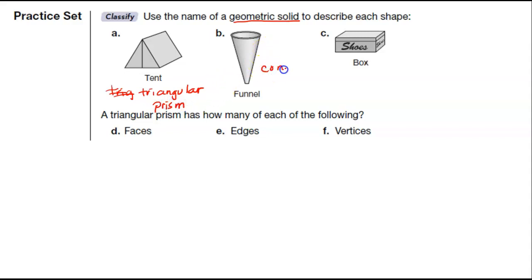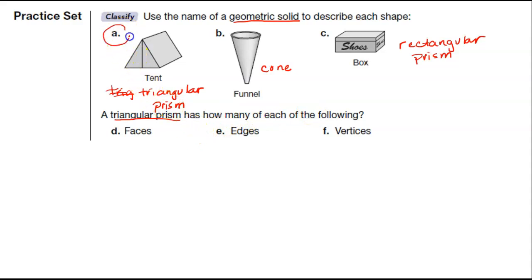This funnel is a cone. This box is a rectangular prism, I believe. Or is it just a rectangular? Could be a cube. Either way, it says a triangular prism has how many of the following?